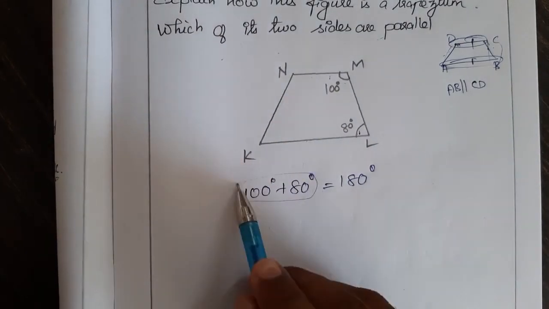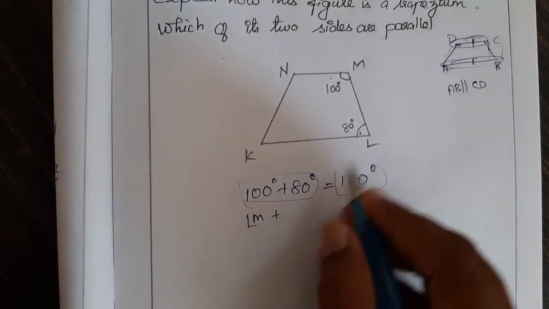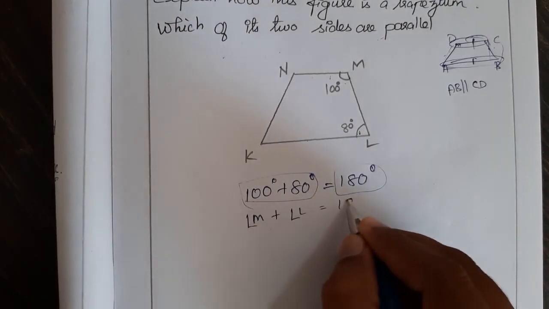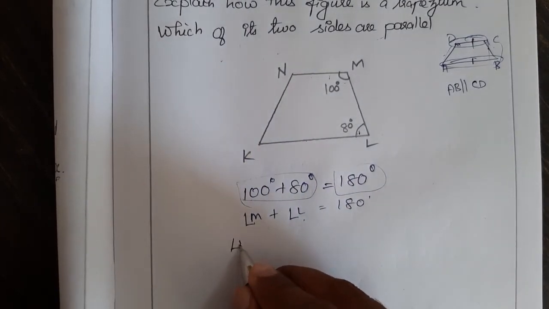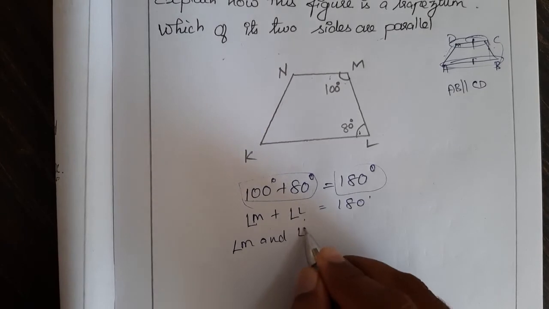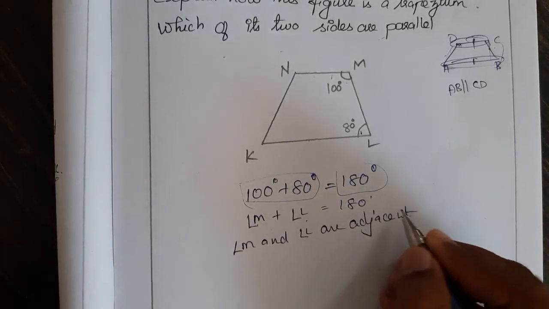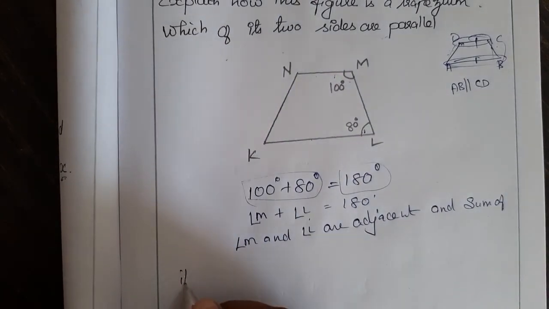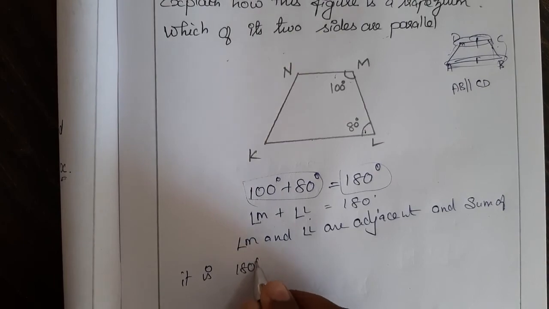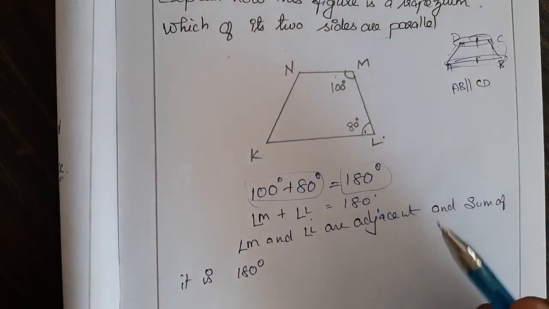Here also it shows adjacent angles, right? 100 degrees is angle M plus angle L, which is equal to 180 degrees. So angles M and L are adjacent, and the sum of it is 180 degrees. Then surely KL is parallel to NM, right?